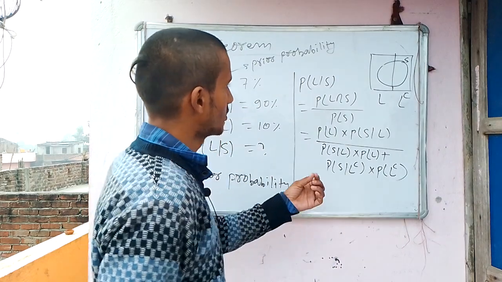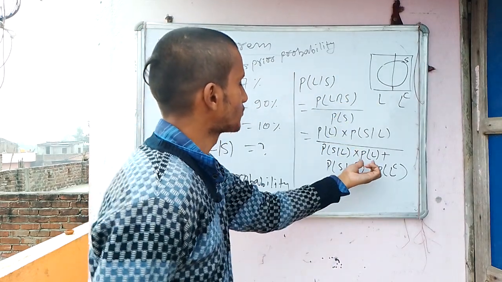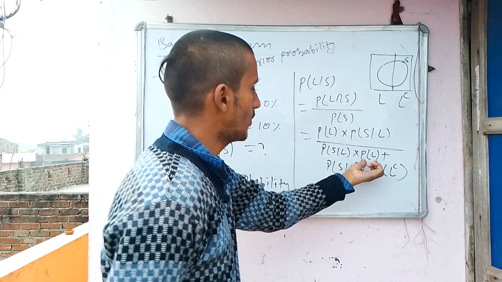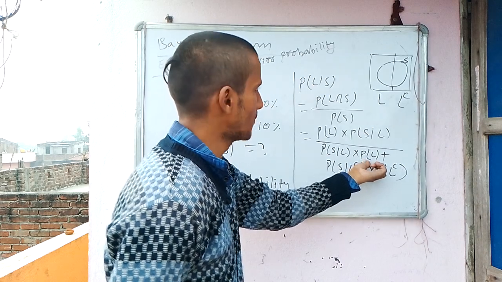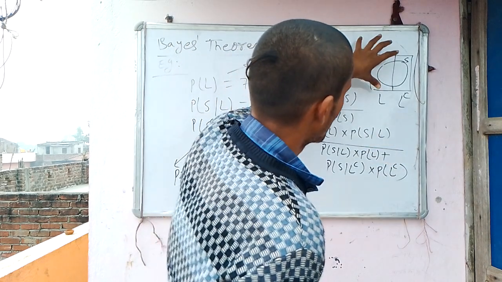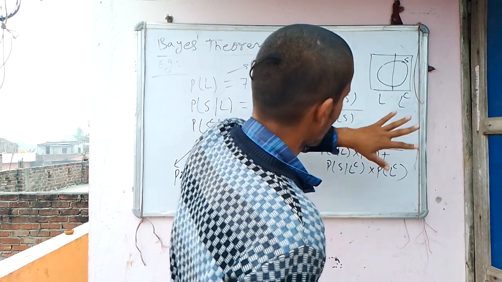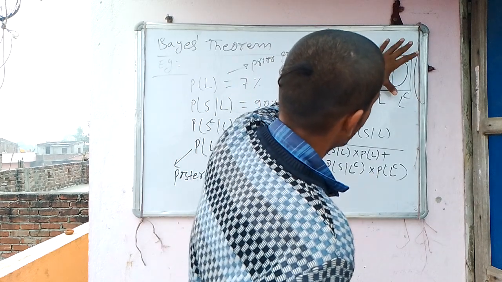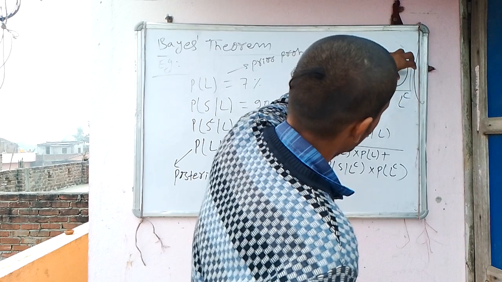So probability of S will be what? Weighted probability of L, so L shrunk to this size, plus weighted probability of L complement, so L complement shrunk to this size.